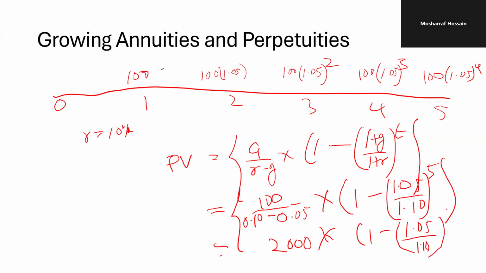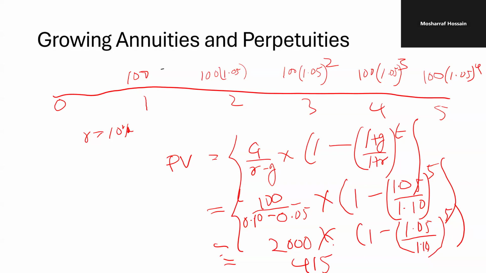Okay. So if you solve the whole thing, you will see this is 415. So the present value of these 5 cash flows with 5% constant growth is equal to $415.